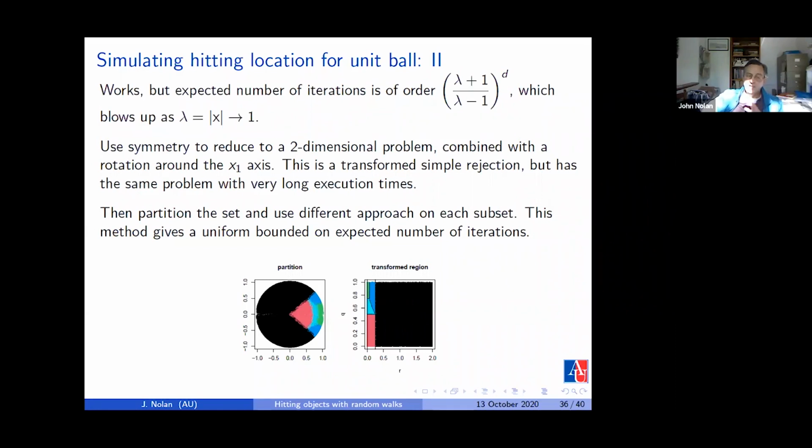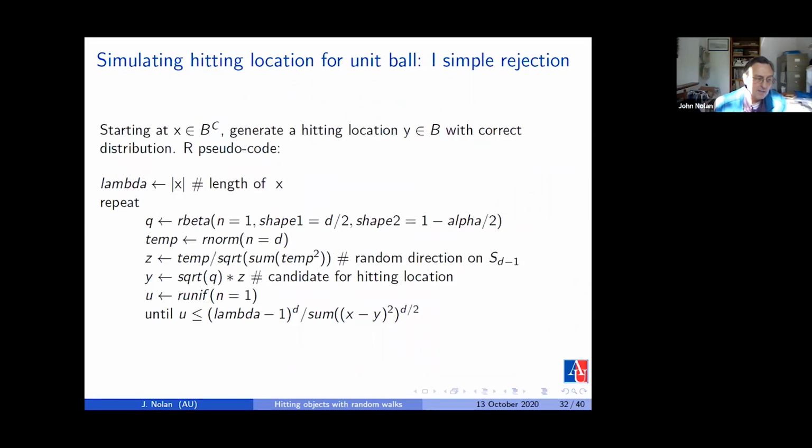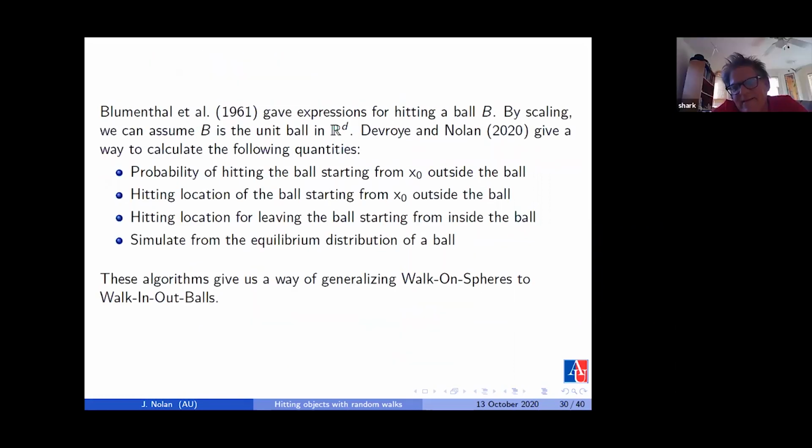What I showed you was for the ball. What I didn't have time to talk about are the steps where we build on what we can do for the unit ball, which lets us generalize to walk on spheres for general shapes. That's the whole point.